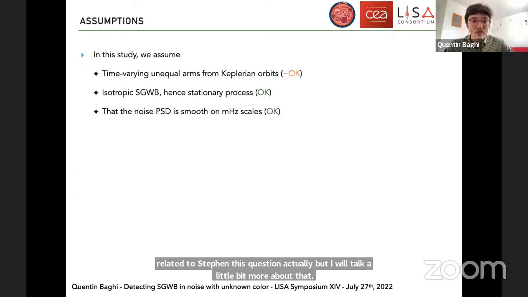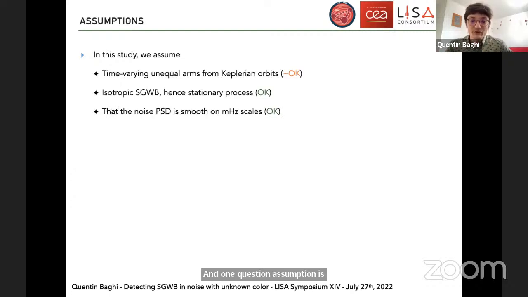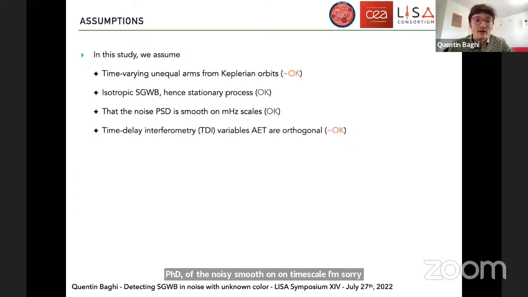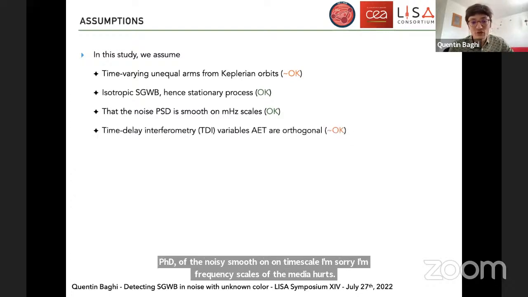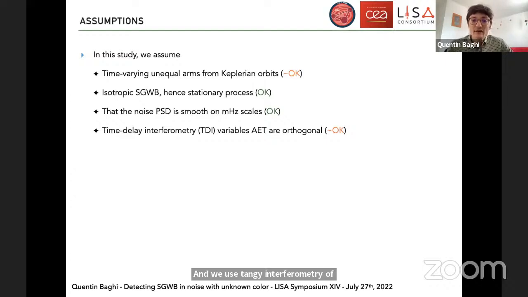And one crucial assumption is that we assume that the PSD of the noise is smooth on frequency scales of the millihertz. And we use time delay interferometry of second generation. We use the pseudo-orthogonal variables A, E, and T, and we assume in our analysis that they are orthogonal.